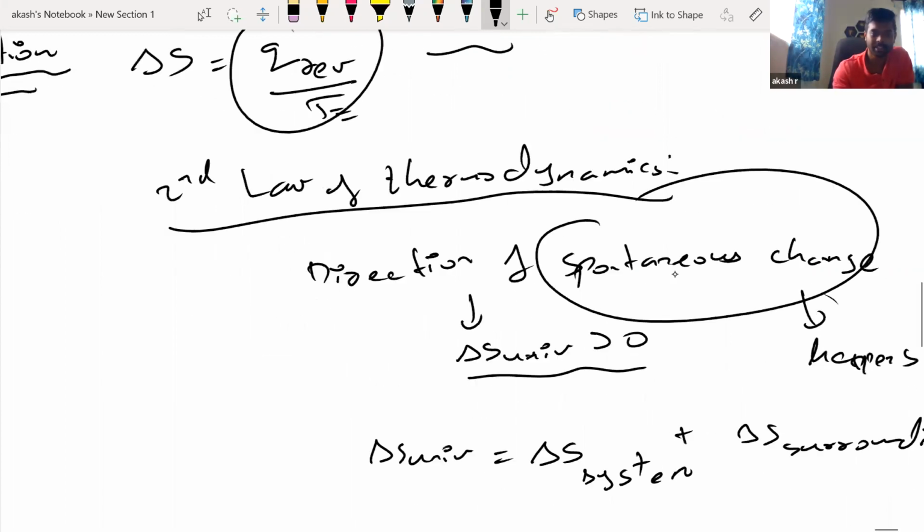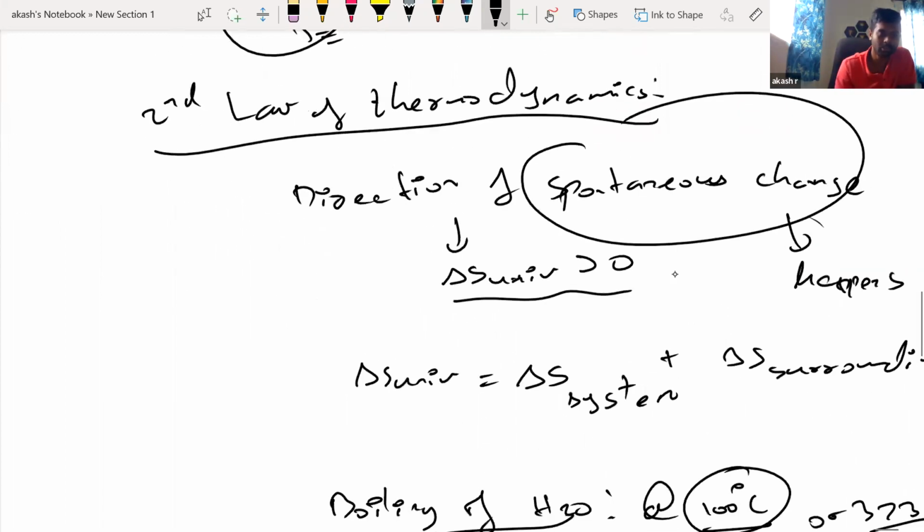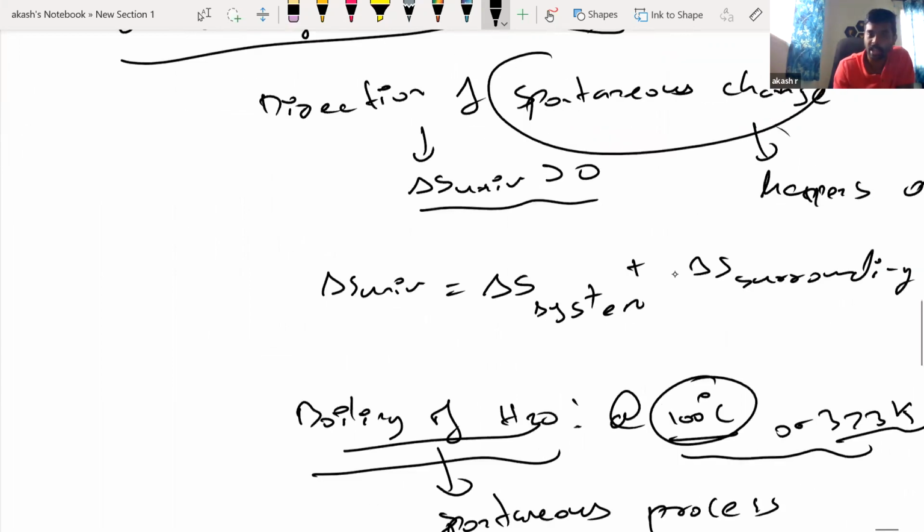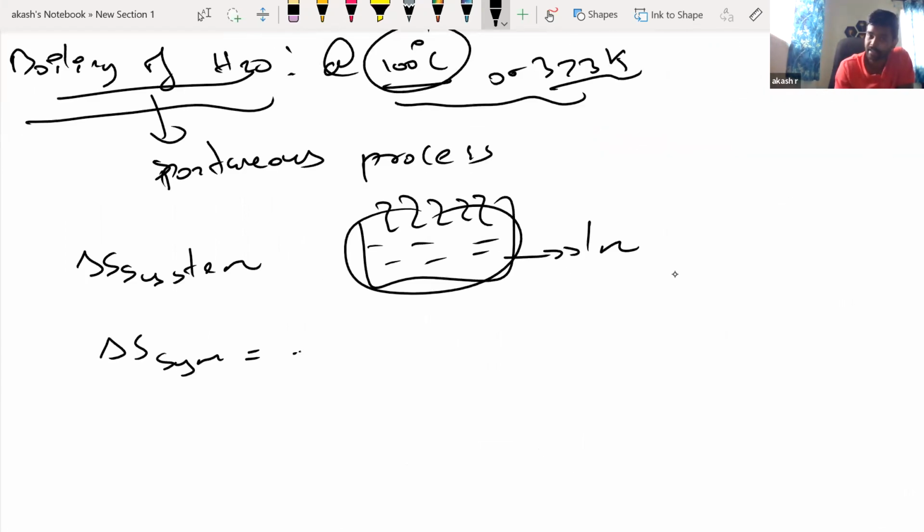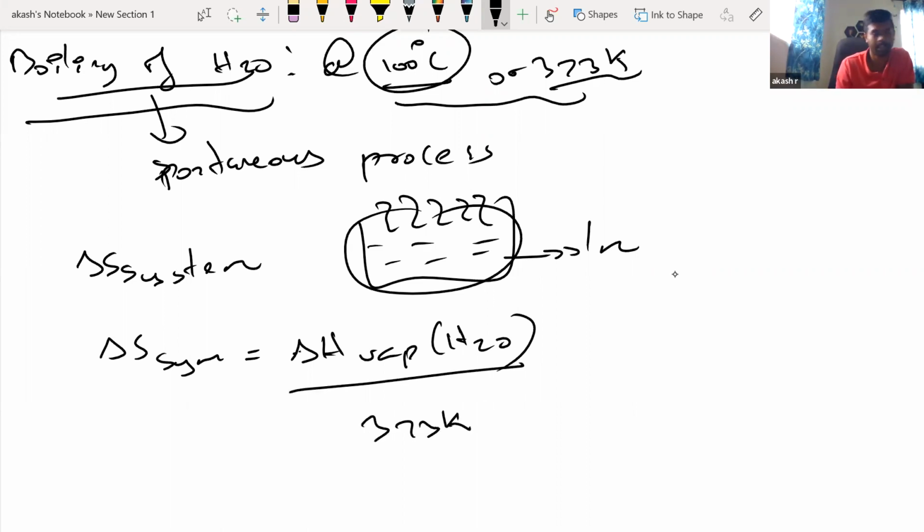We can easily understand that the heat change occurring during this process at 100 degrees Celsius is nothing but the enthalpy of vaporization of water, is it not? Divided by what temperature? 373 Kelvin. And I need to know this value. Can someone Google?